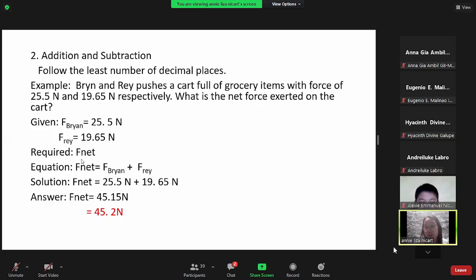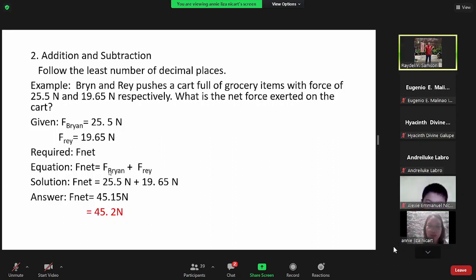From your first lesson in this quarter, to get the net force you just add the vector components: F1 plus F2, the force exerted by Ryan plus the force exerted by Ray, gives the total net force.